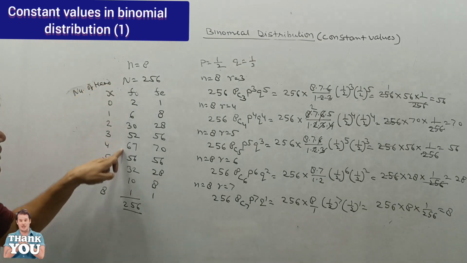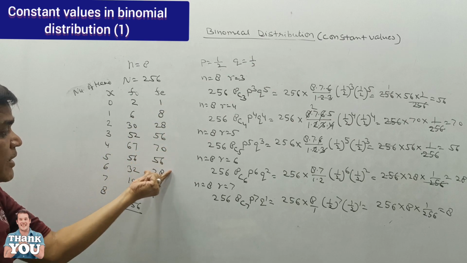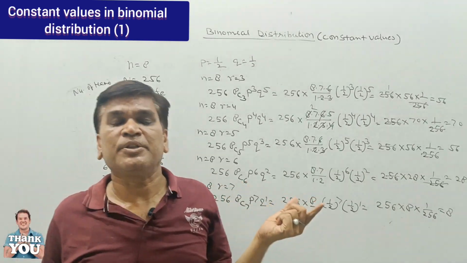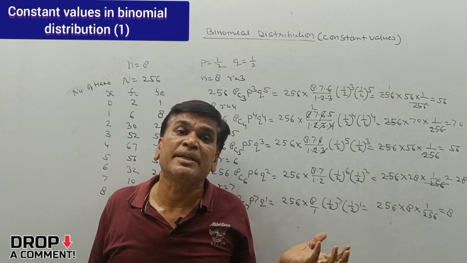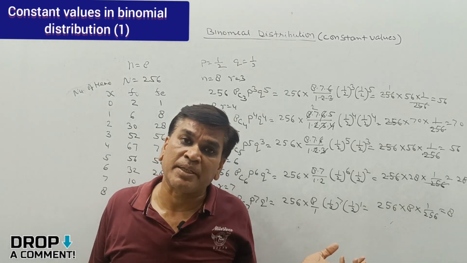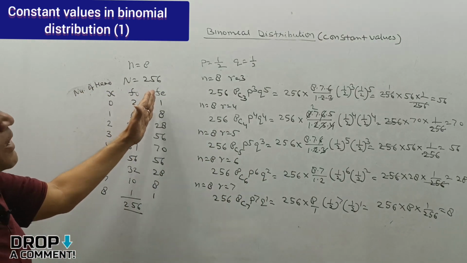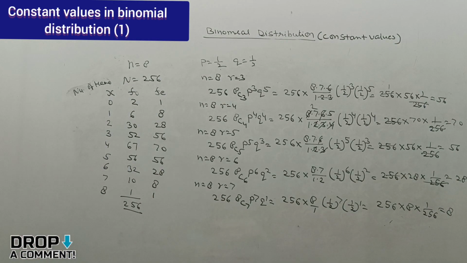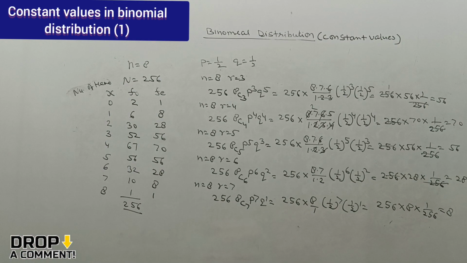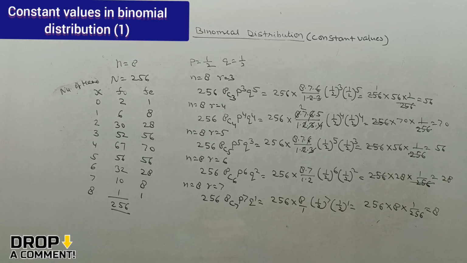If original frequency is given, we can calculate estimated frequency with the help of the binomial distribution. And if other tests like chi-square test are asked, we can calculate with the help of this fo minus fe. No problem at all in this.